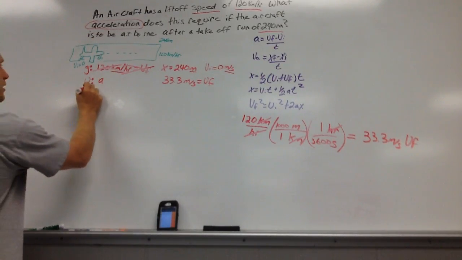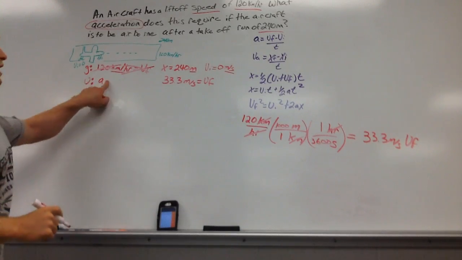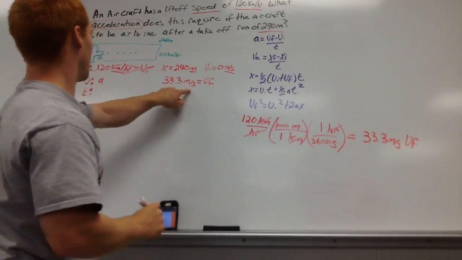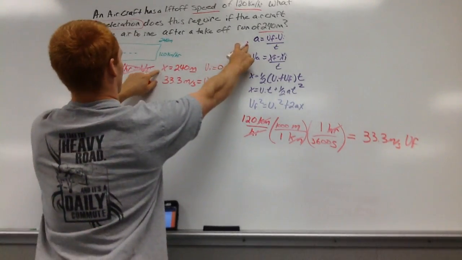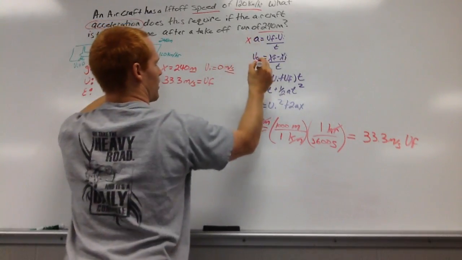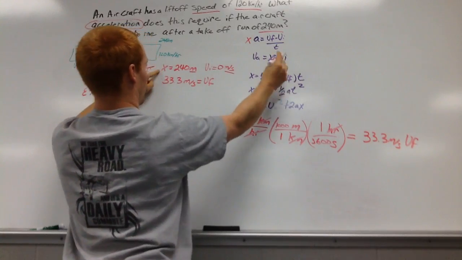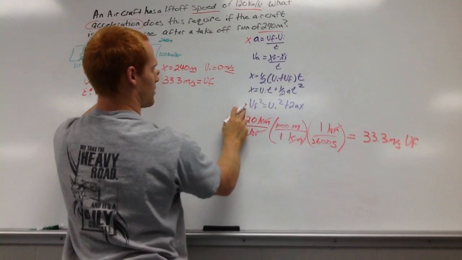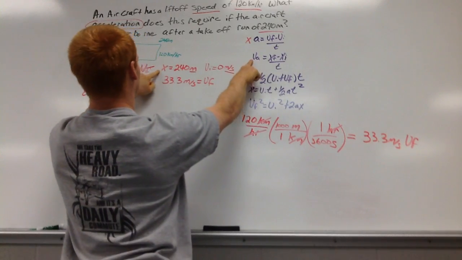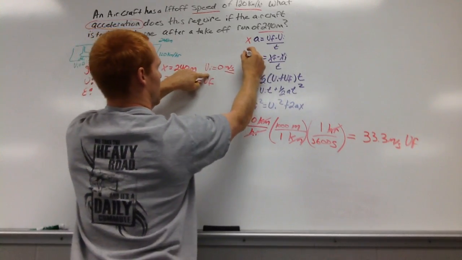Now we can move on to the equation. So we need A, X, VI, VF. This one does not have X. This one has X, this one has X, has X, has X. VI, this one does not have VI.